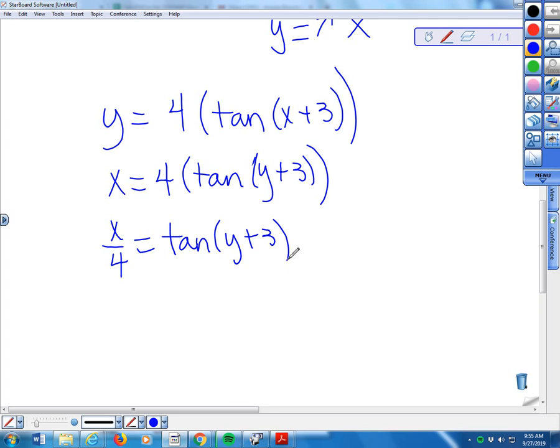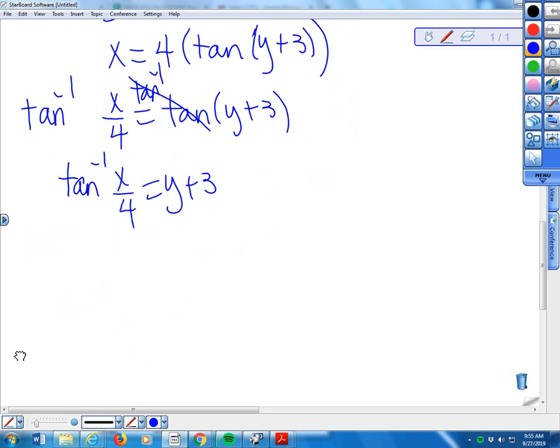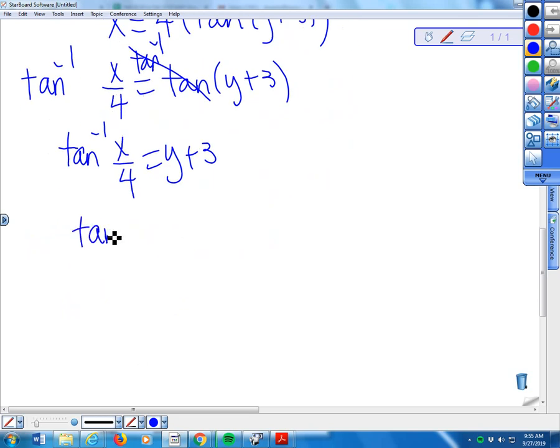Now what? Inverse tangent. Gets rid of that, right? So now I have inverse tangent of x over 4 equals y plus 3, and then minus 3. And this is really the inverse of the original. So the same idea, but now we're just using trig functions.